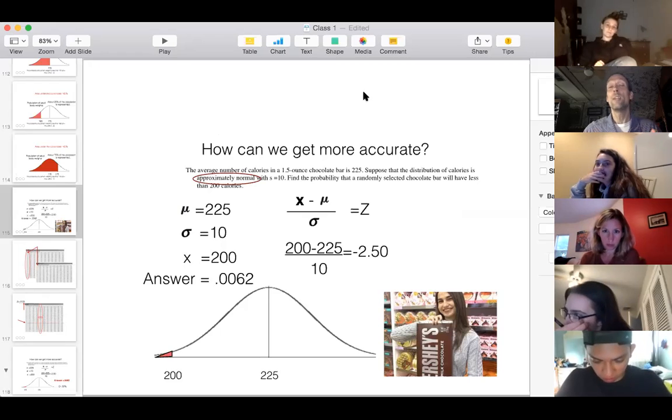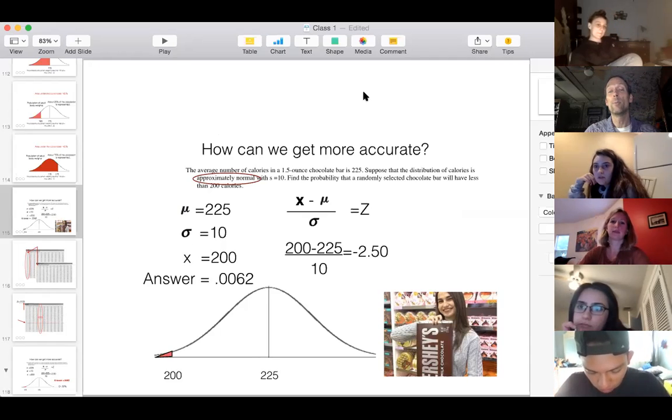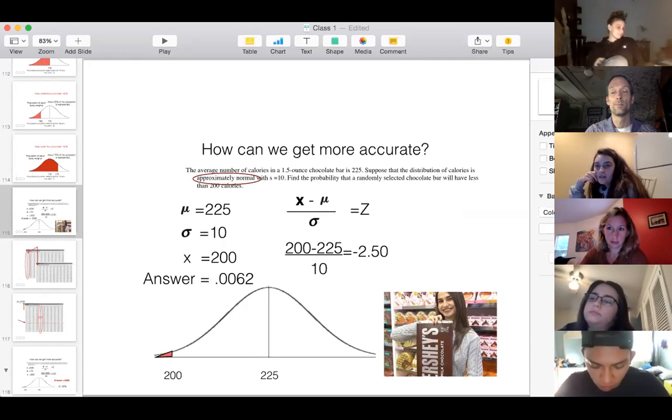And to make it even more interesting, let's say that you know people that are on a weight management diet. You found this bar for 200 calories. You know they're usually running 225 calories, but you found one for 200 calories. What should Ardiana do right away? Think about the probability of finding that chocolate bar. Get that one with less calories? Okay, why?